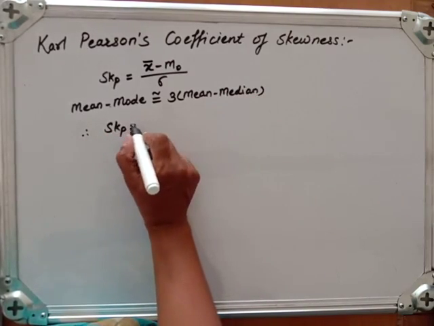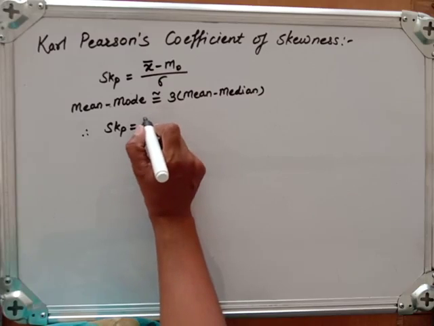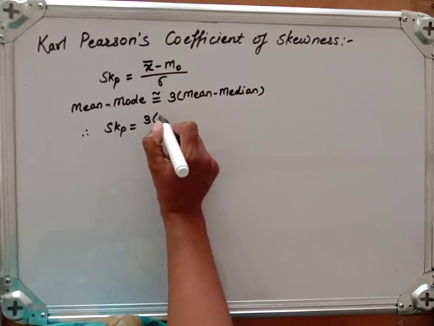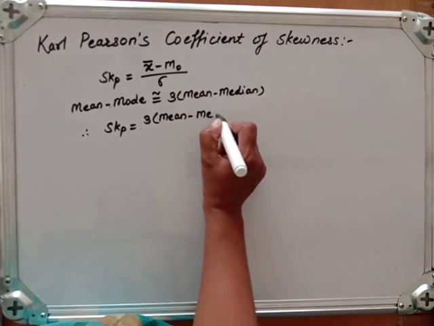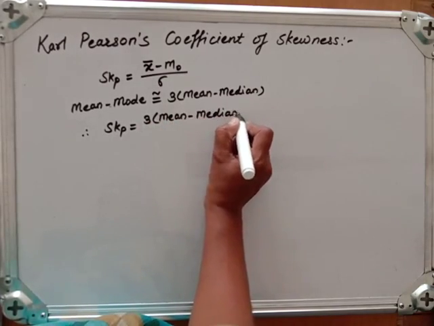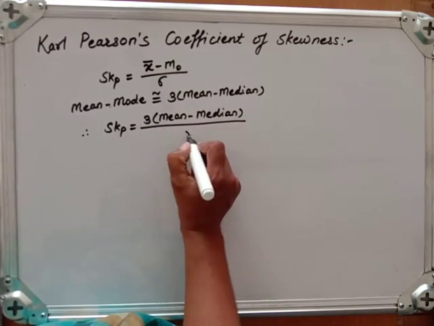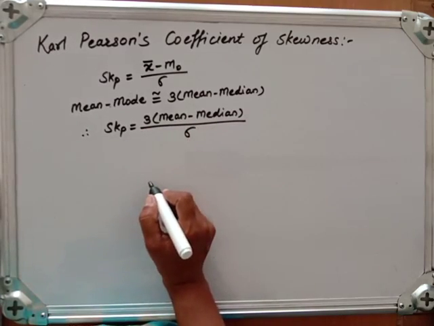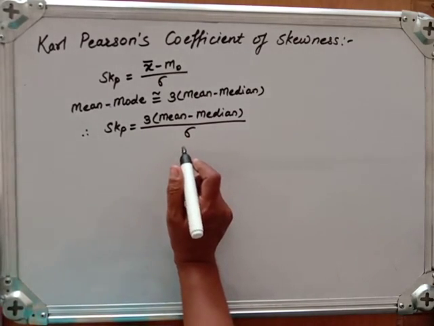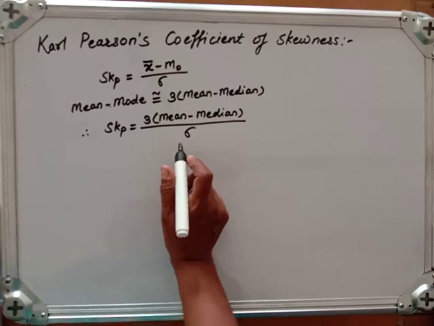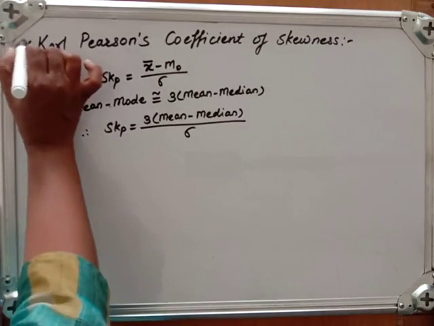So as we have this relation, the Karl-Pearson coefficient of skewness can be written as 3 times mean minus median, divided by the standard deviation sigma. This is also a formula for it.